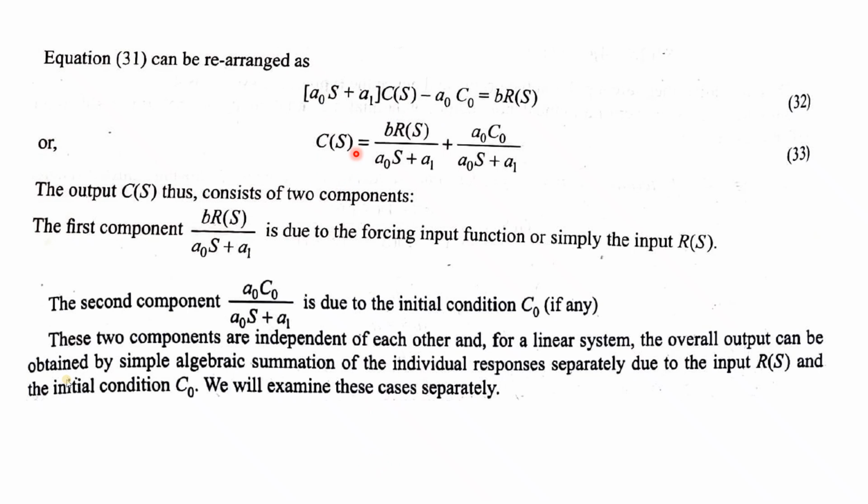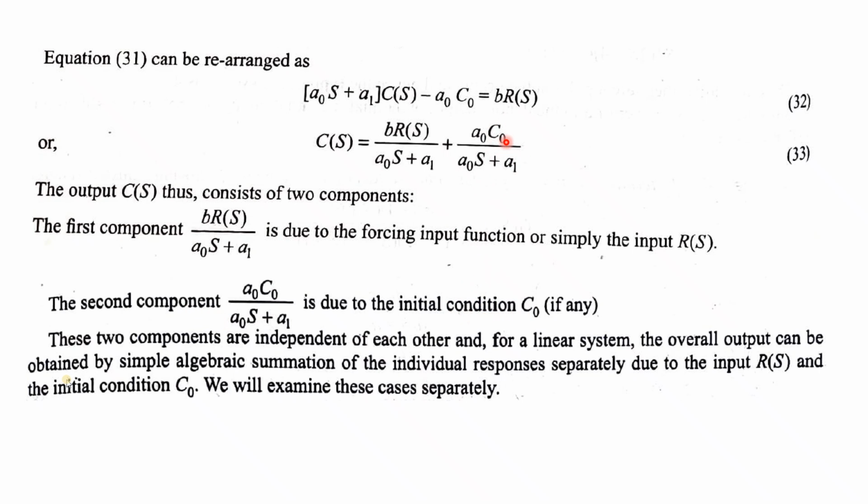Now, if the equations are rearranged and I want to represent with respect to Cs, the output, then the output signal is equal to this. Okay, so you can see there are two components, first one and second one. First one has the actual parameters, second one has the initial parameter, because the first component is due to the forcing input function, or simply the input function Rs.